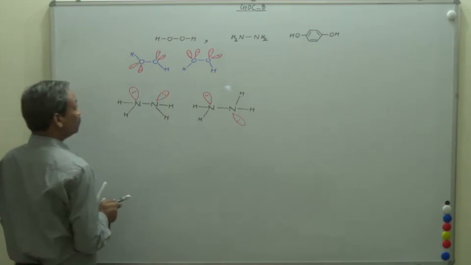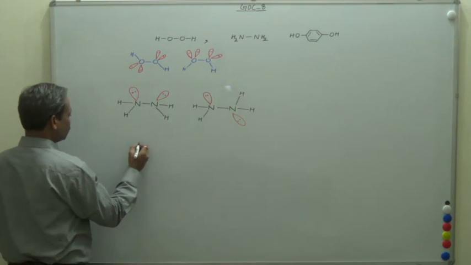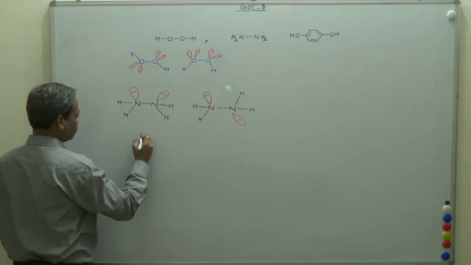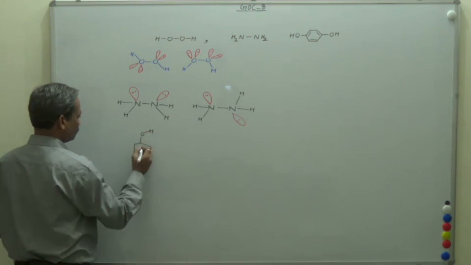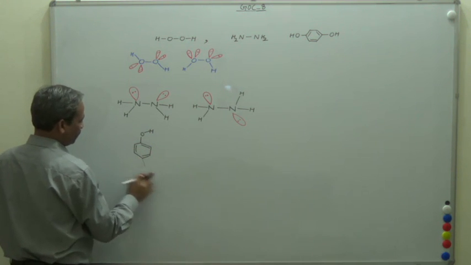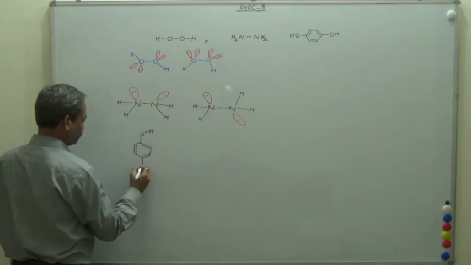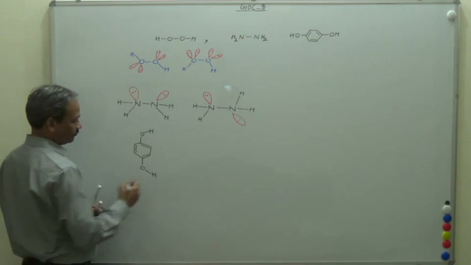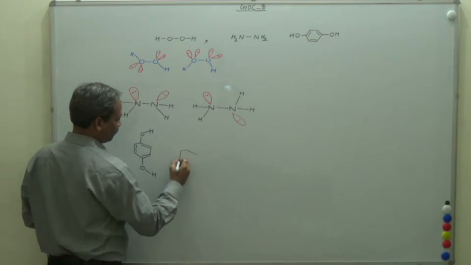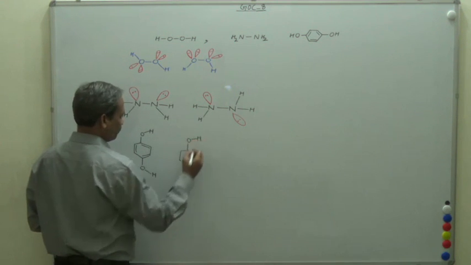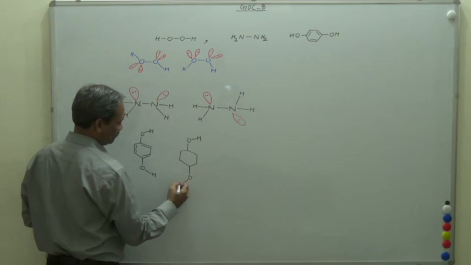Now, for 1,4-dihydroxybenzene, two different conformeric structures are of this type.